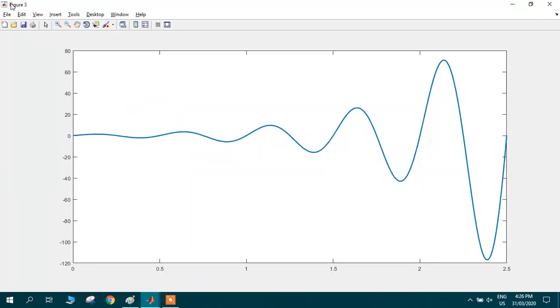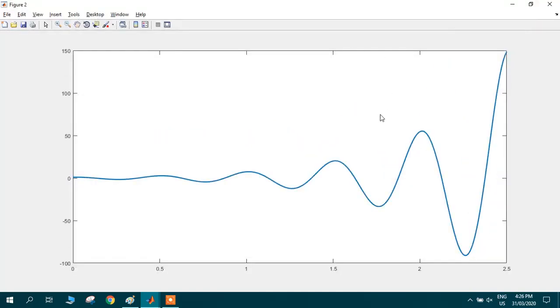What we saw in the Euler equation is that its imaginary part will be the same as the curve of the sine function, and we know that sine is 0 at 0. Now look at its real part. Its real part is 1, its maximum at 0. And as we know, its real part was going to be like the cos function, and the cos function is maximum, which is 1 at 0.